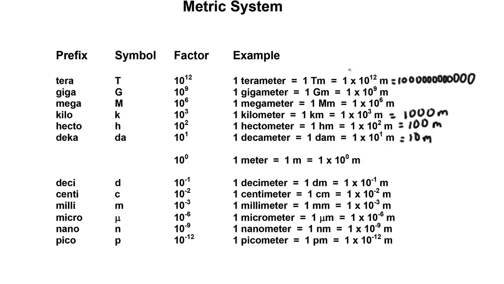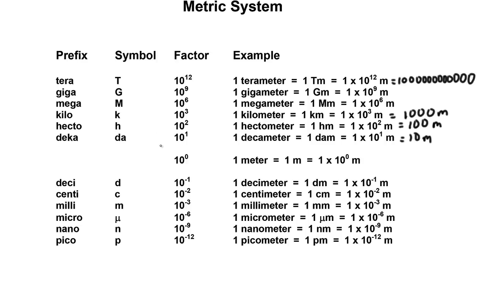Clearly writing the number in scientific notation is much better than writing out a number that looks like that. So how are we going to use these powers of 10 to help us with the metric system?